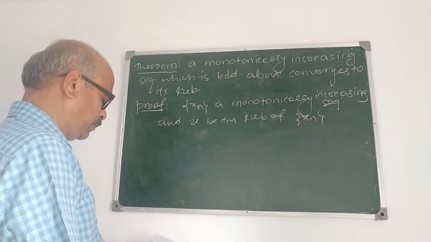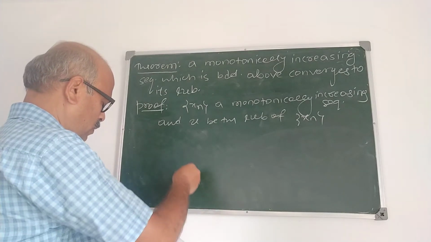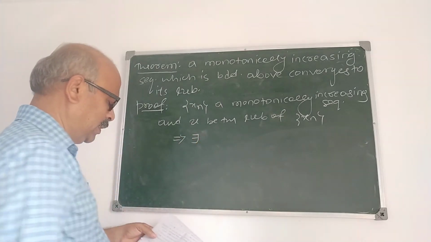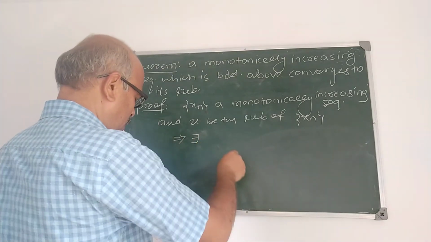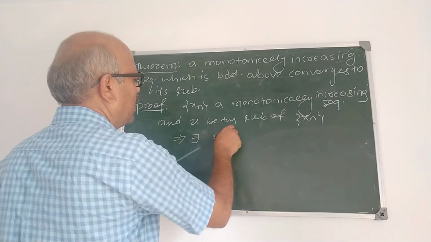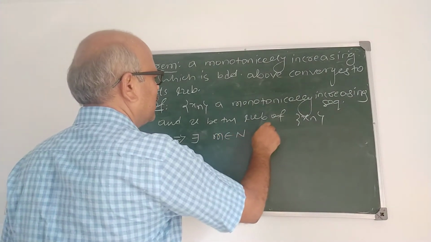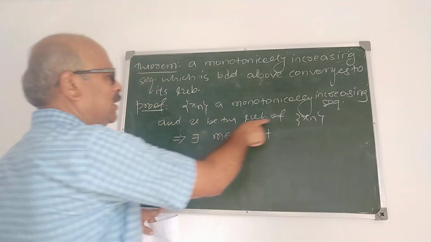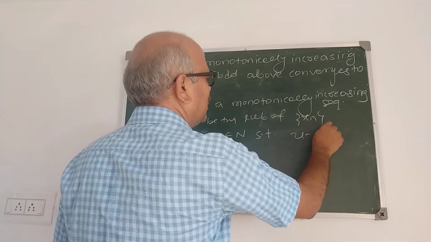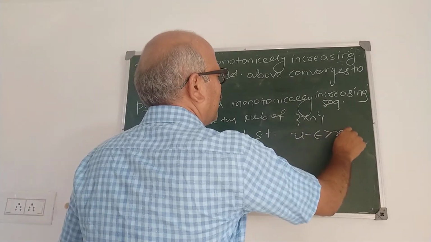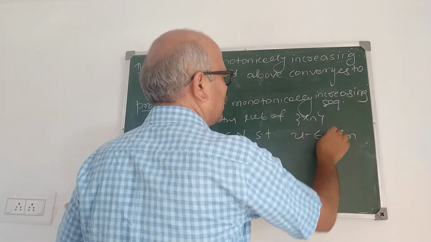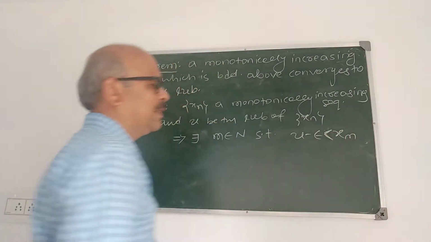Then what do you get? This implies there exists m belongs to N such that u minus epsilon is less than xm.